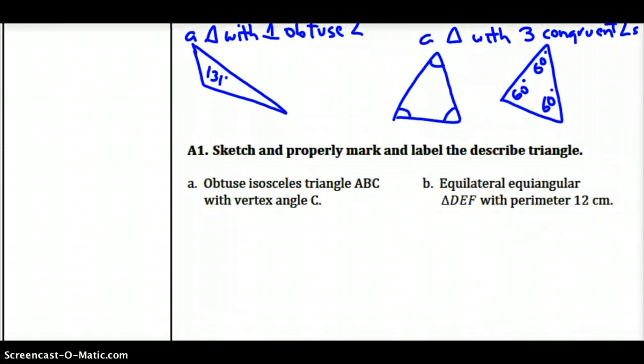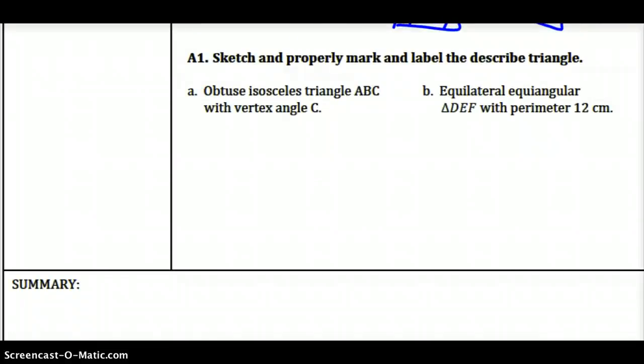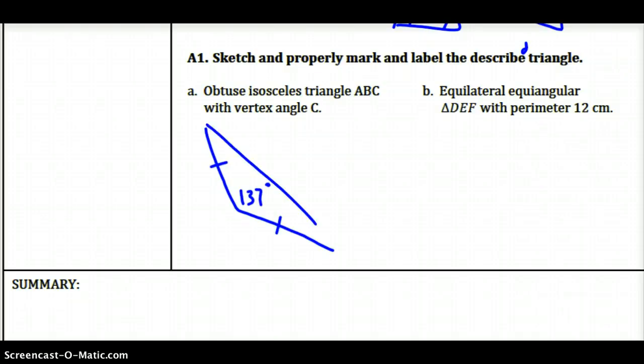Now moving on here, we're being asked to sketch and properly mark and label the described triangle. An obtuse isosceles triangle ABC with the vertex angle C. So obtuse, isosceles, and the vertex angle of C, which means C has to go here, and A and B can go here.